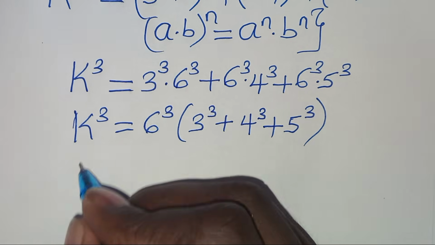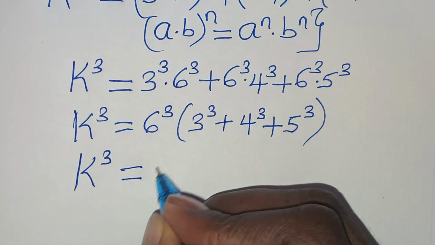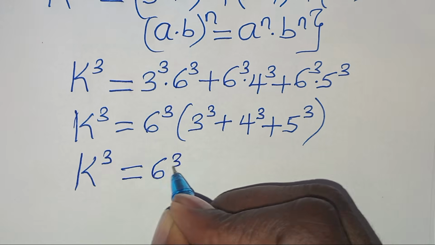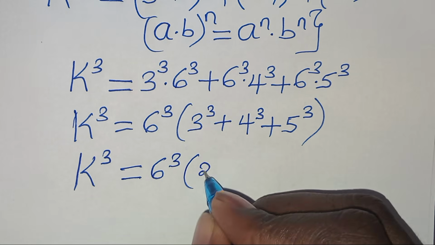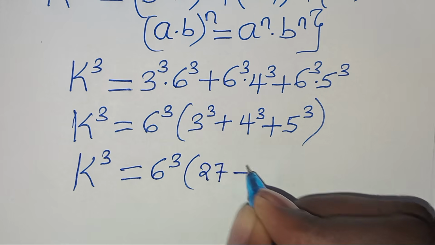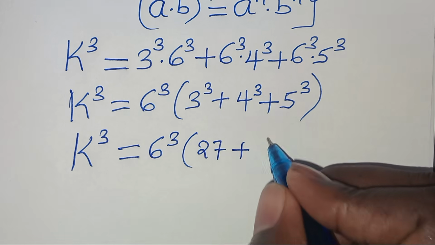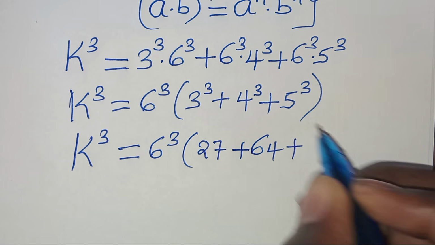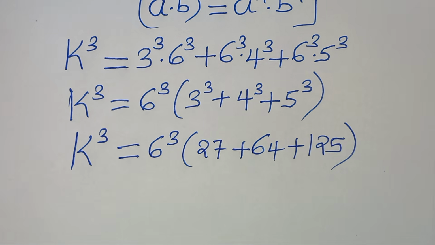Now, here we have k to the power of 3 equal to 6 to the power of 3 into the parentheses: 3 to the power of 3, this is equal to 27, then plus 4 to the power of 3, this is equal to 64, then plus 5 to the power of 3, this is equal to 125.